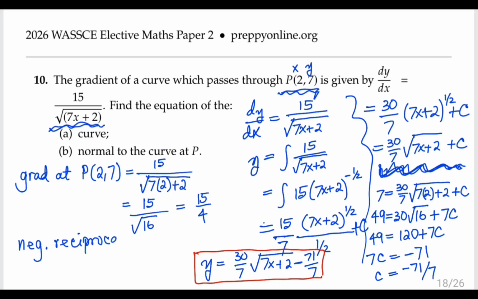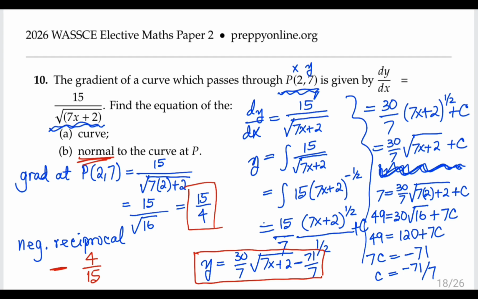So now that we have the gradient of the tangent as 15 over 4, the gradient of the normal is going to be negative 4 over 15. That's what the negative reciprocal of 15 over 4 is.